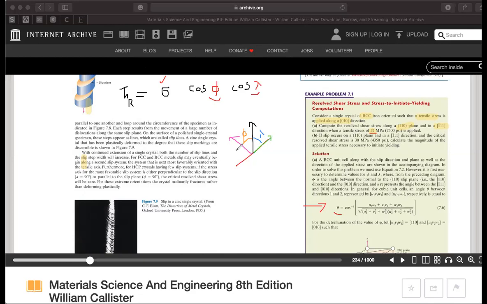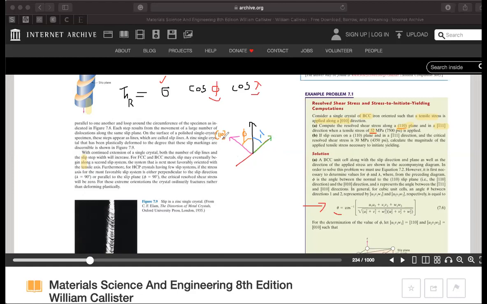But what is the normal direction? What is this vector? Because it's perpendicular to this plane, it will have the same indices as the plane. So what is the plane? The plane is 110. So the direction of the normal to the plane will be 110, in a cubic system. In a cubic system, you can apply this rule.